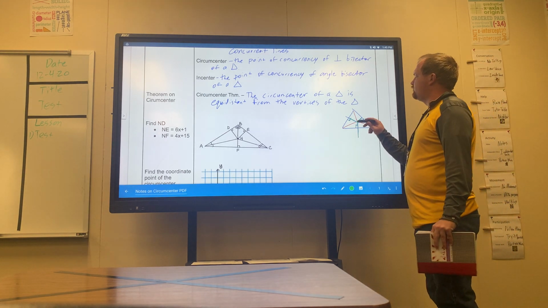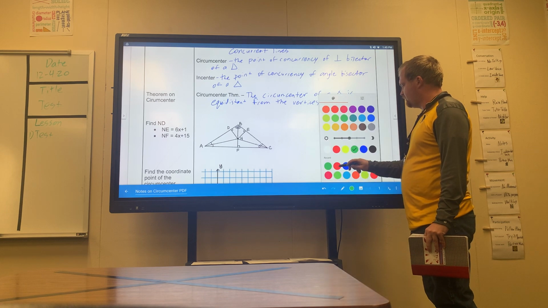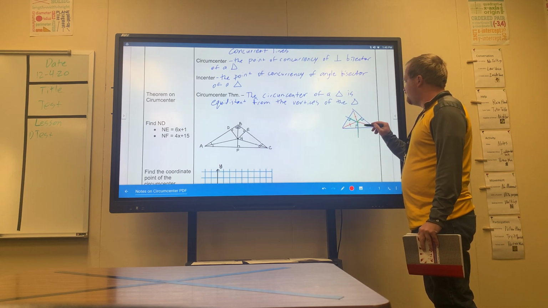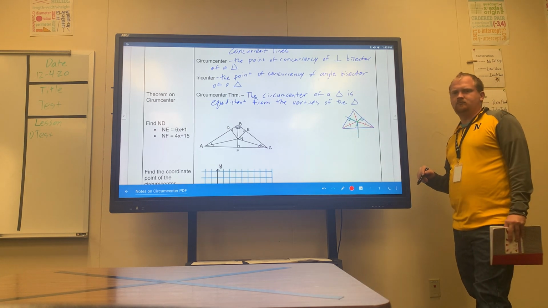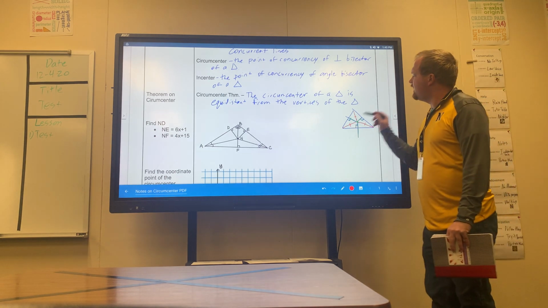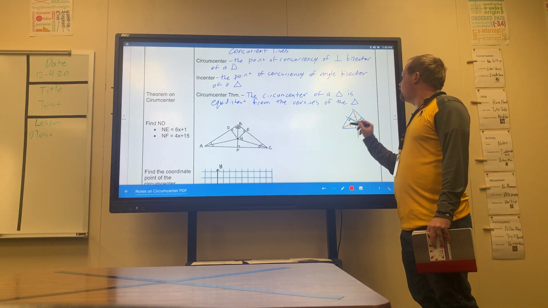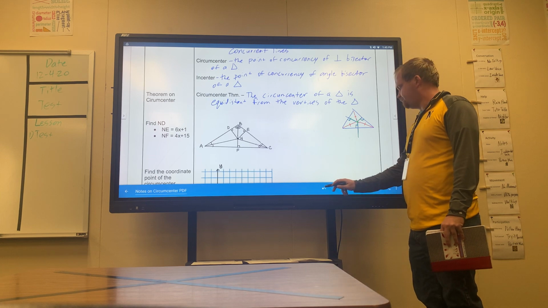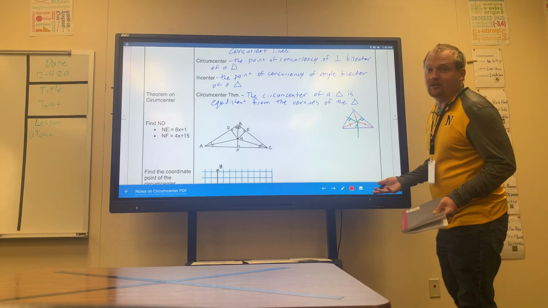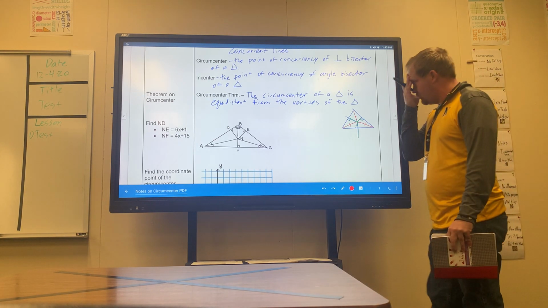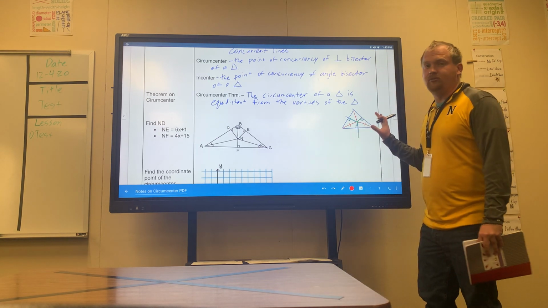If I go from the circumcenter to the vertices, they're going to be equal distance from each other. So they're going to have the same distance from the vertices to the circumcenter. So the lengths are basically congruent. That's what's unique about circumcenter.